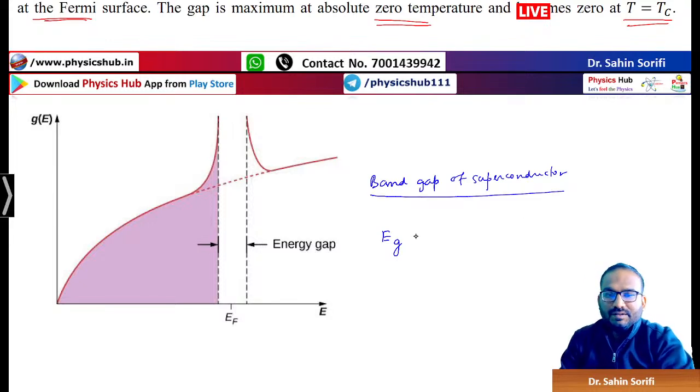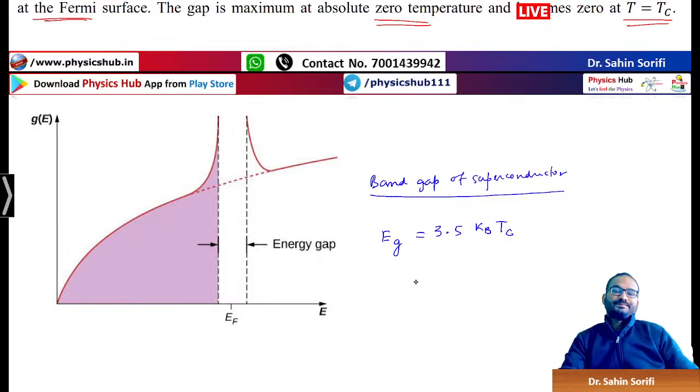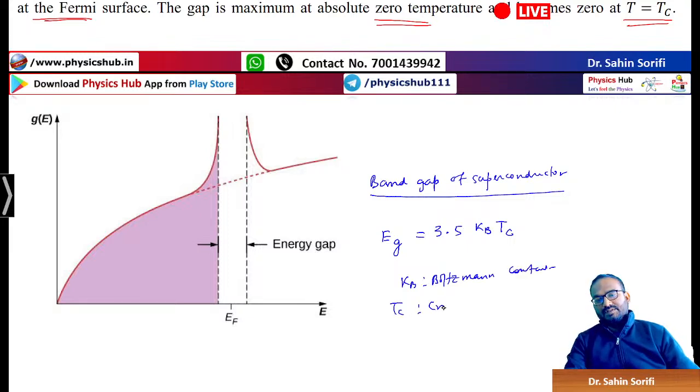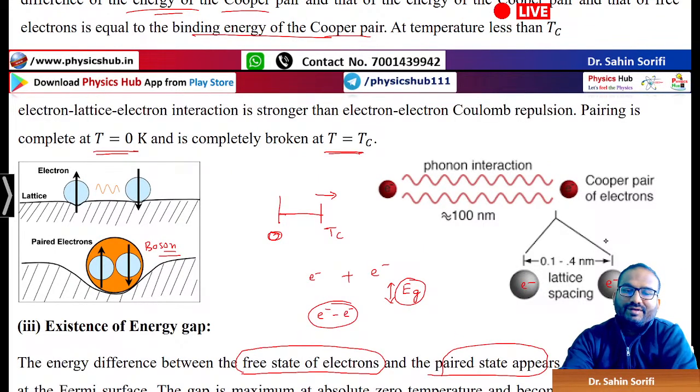Eg equals around 3.5 or 7 by 2 kB Tc, where kB is the Boltzmann constant and Tc is the critical temperature. So this energy gap you understood.